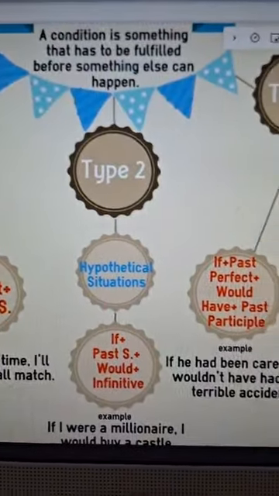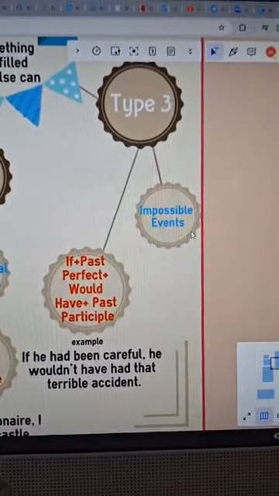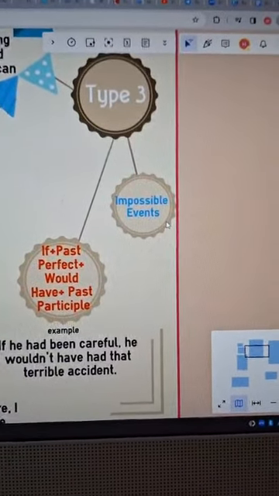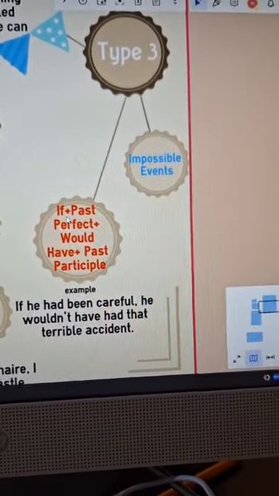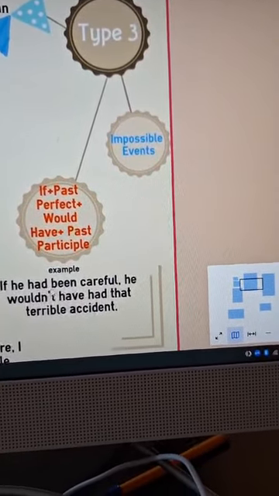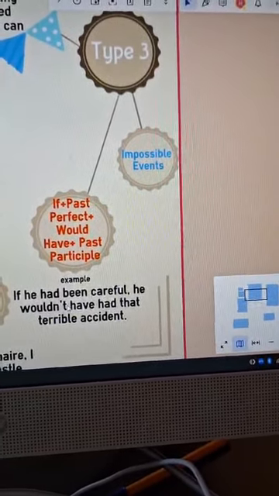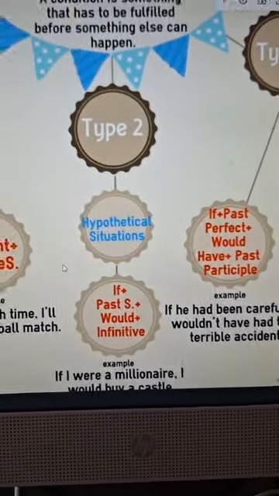And then the last type is type 3. This is for impossible or unreal events. Again, we repeat the formula: if, past perfect, would have, and past participle. If he had been careful, he wouldn't have had that terrible accident.